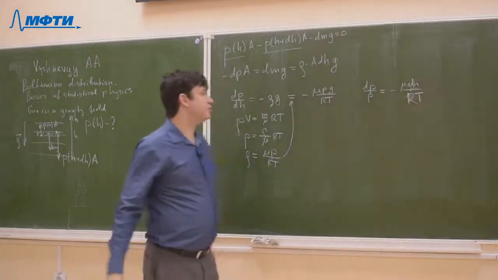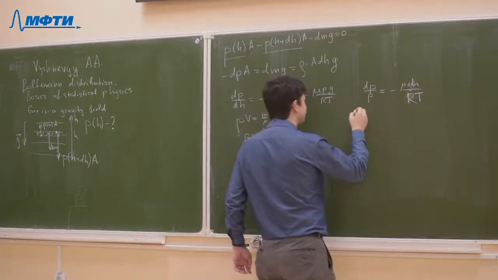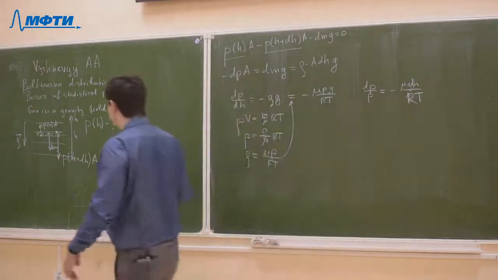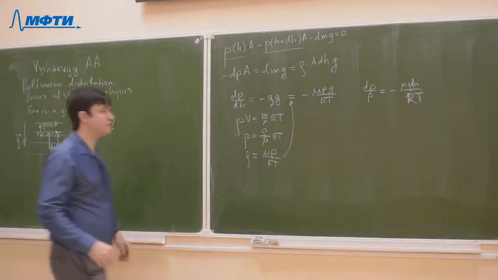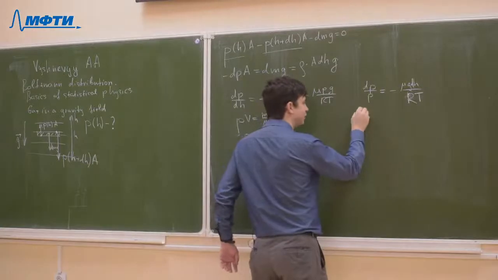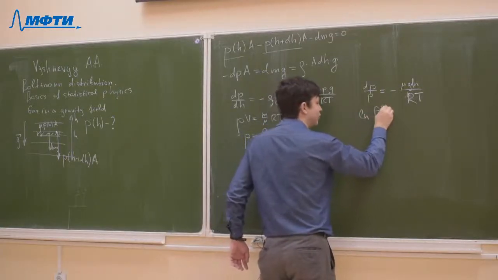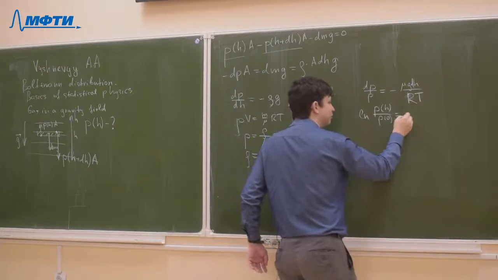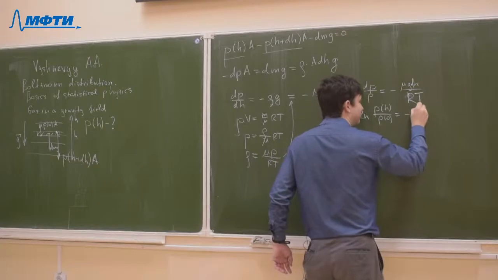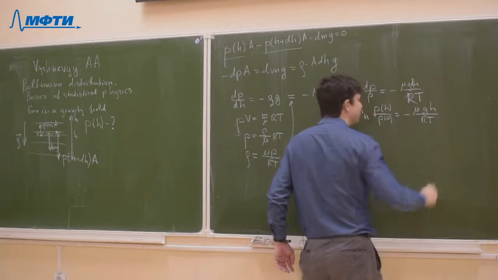Then this equation can be easily integrated, and I have finally, after I integrate from 0 to some h, I have the following: logarithm of p of h over p of 0 is equal to minus mu g h over RT.